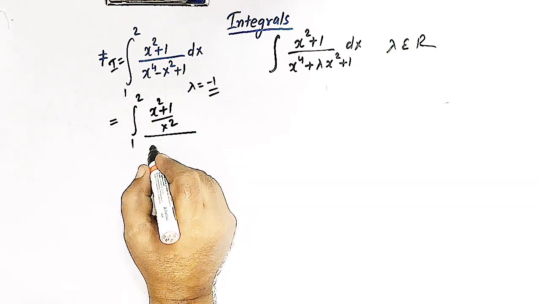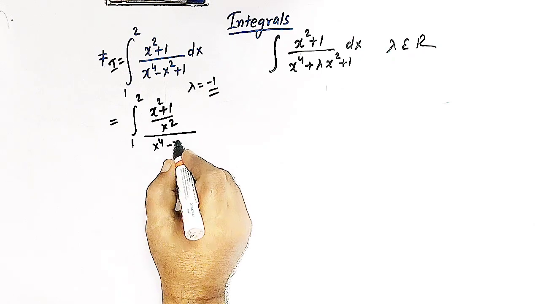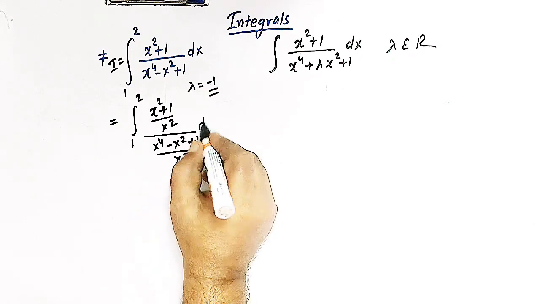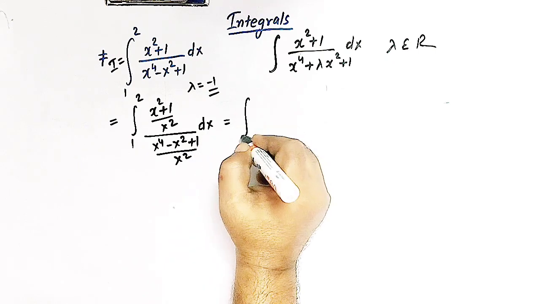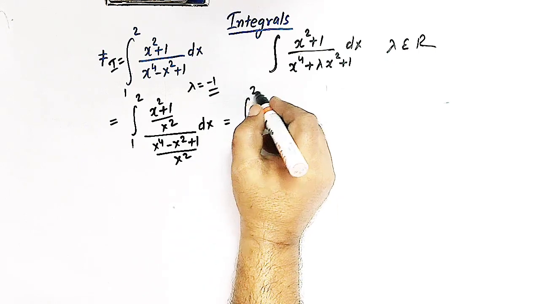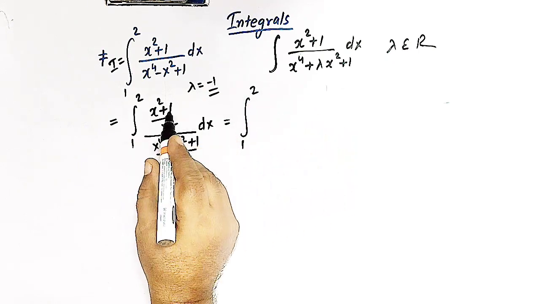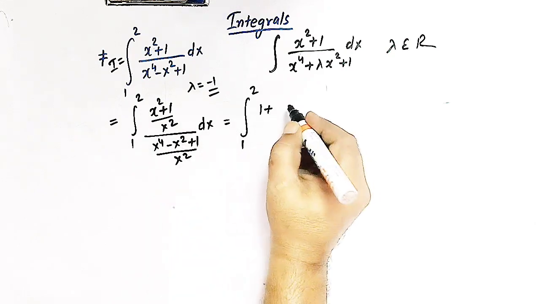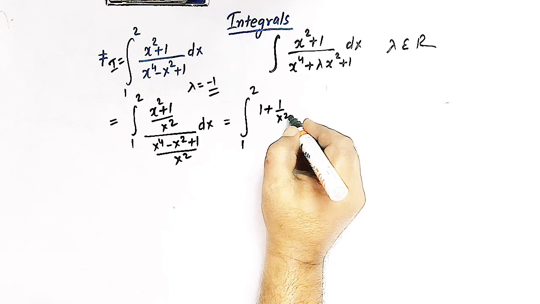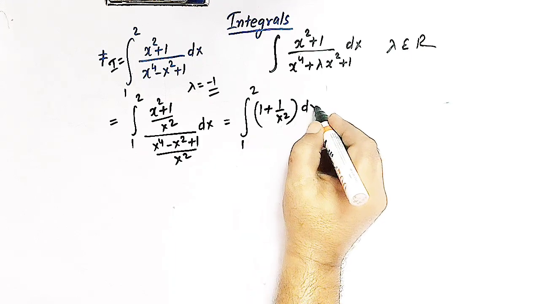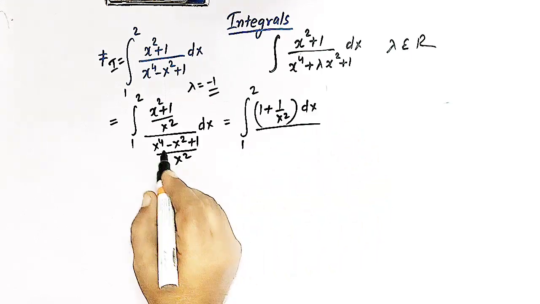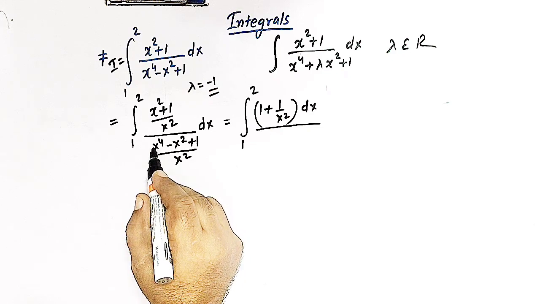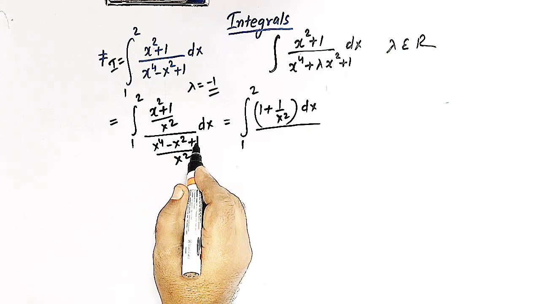So here we can now write (x raised to 4 minus x square plus 1) over x square, and here we have dx. So now we can write 1 to 2, and (x square plus 1) over x square can be written as simply 1 plus 1 over x square, and here we have dx, and in the denominator we divide x square into these three terms.